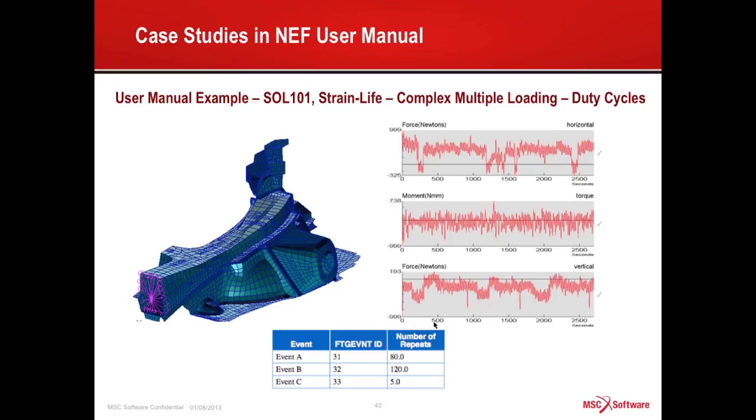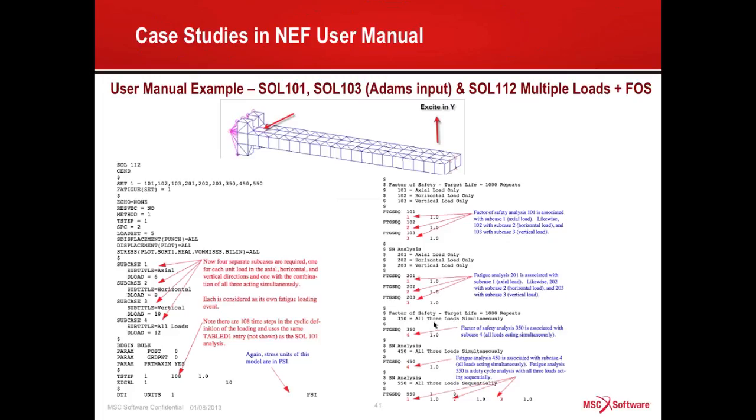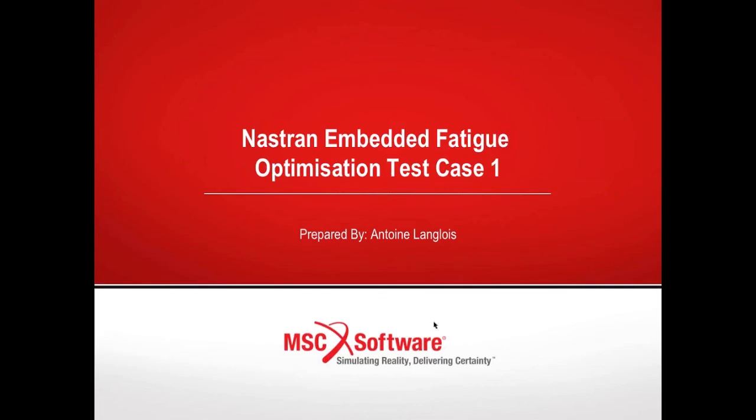And then finally, there is a beam model which is analyzed with all the available solution routines: solution 101 static, solution 103 modal, and solution 112 transient dynamic. So that goes through the 3 methods and shows the card entries for each. Those are available. If you're interested in this capability, I would recommend you look at that user manual and the quick reference guide.